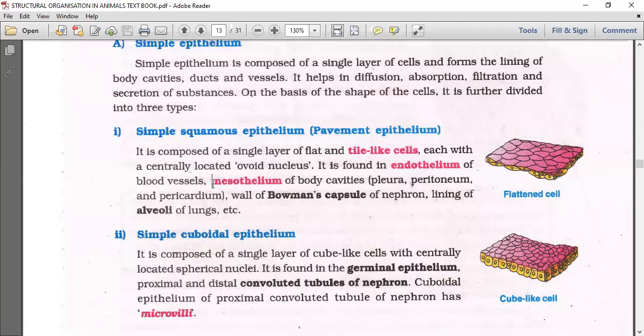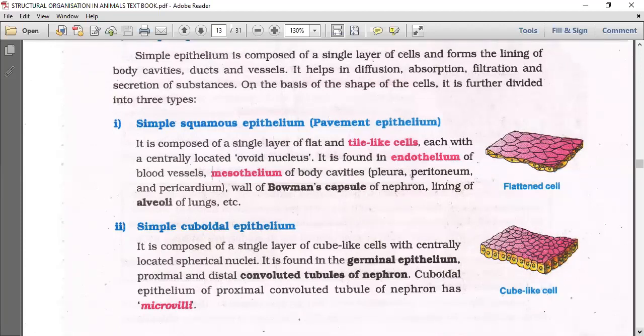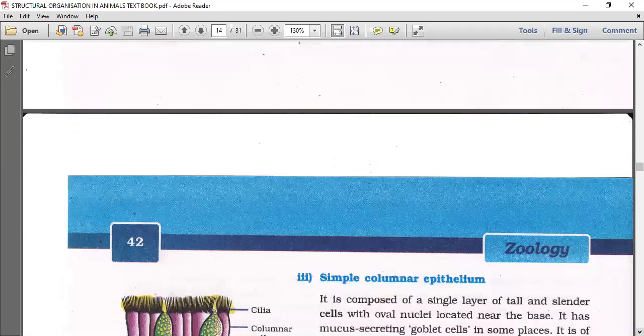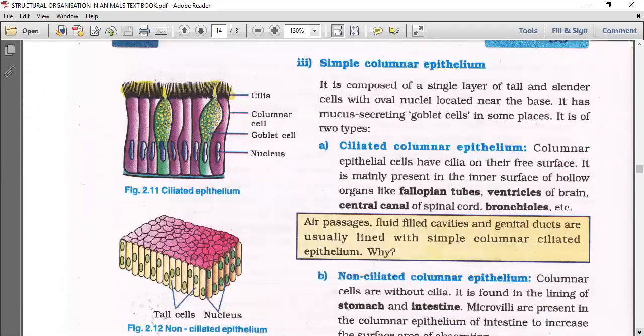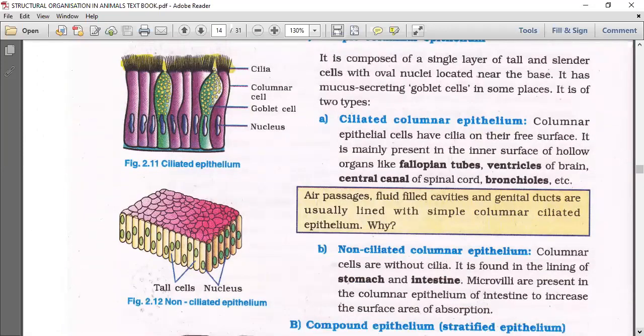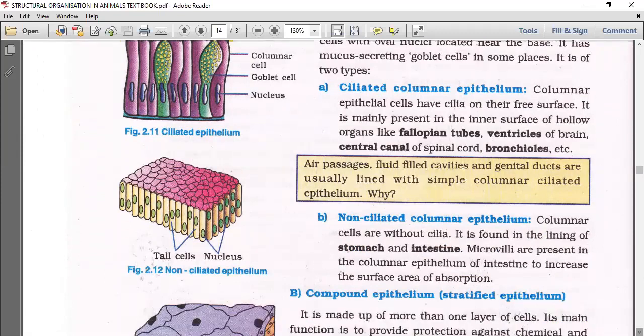The proximal convoluted tubule of the nephron, distal convoluted tubule of the nephron, and germinal epithelium are examples of simple cuboidal epithelium. Fallopian tube, ventricles of brain, central canal of the spinal cord, and bronchioles are examples of ciliated columnar epithelium. Non-ciliated columnar epithelium includes the lining of stomach and intestine.